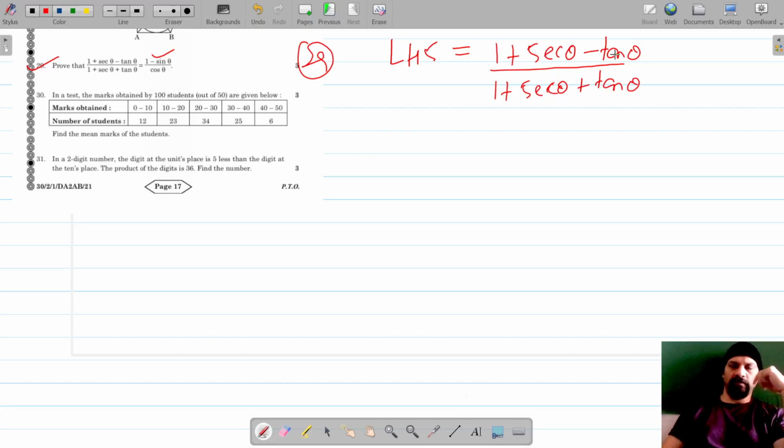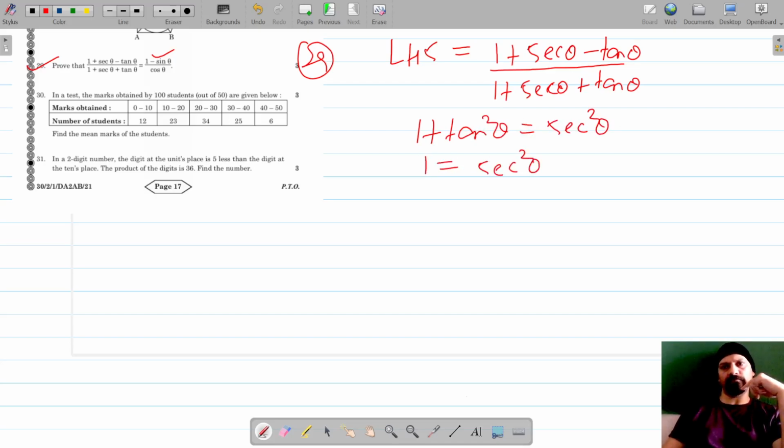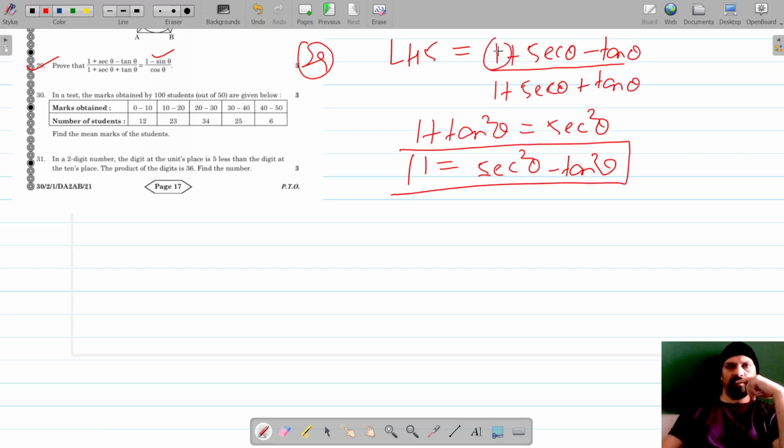Between secant and tan, there is an identity which says that 1 plus tan square theta is equal to secant square theta, which gives us 1 is equal to secant square theta minus tan square theta. So I'm going to replace 1 with this value, secant square theta minus tan square theta.